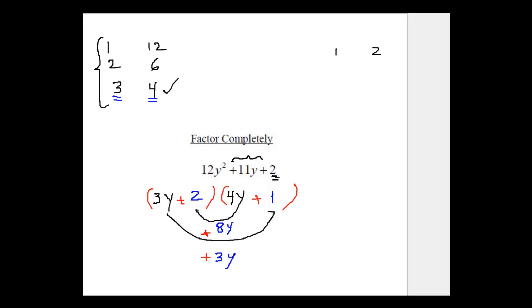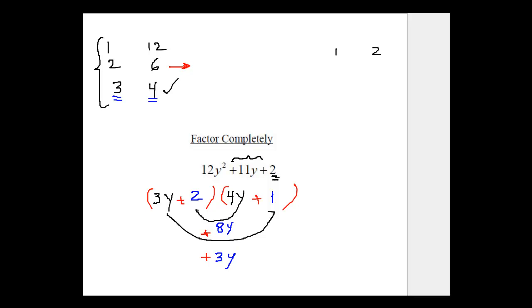So as you see, there are degrees of trial and error involved with factoring trinomials. This is again not the only method to factor completely. If you pick 2 and 6, like you said earlier, Sunny, you would see that none of the combinations for 1 and 2 would work.